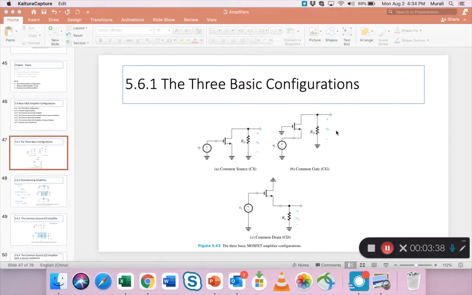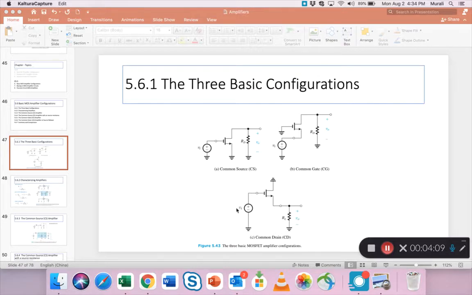Again, the output is between the drain and the gate, and that's the common gate. Lastly, the common drain. So the drain is common, is grounded, and you have the input again applied between the gate and the drain, and the output is coming out between the source and the drain.